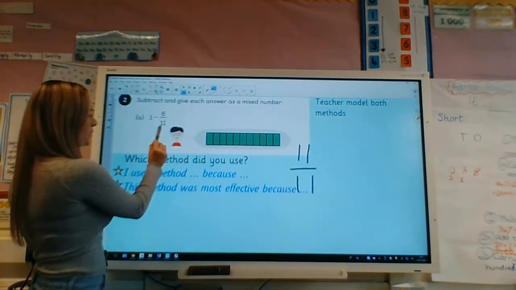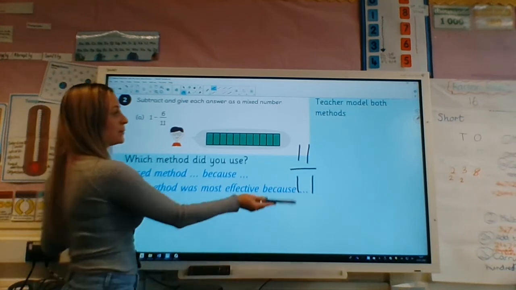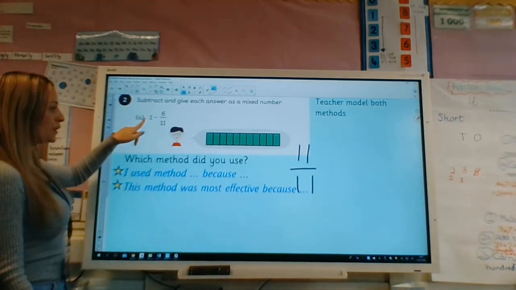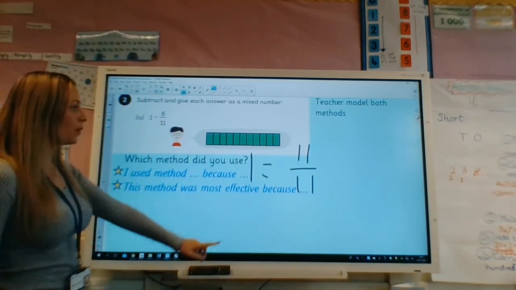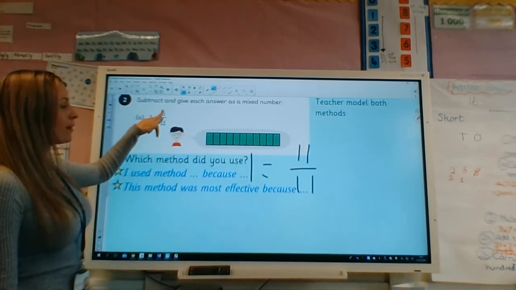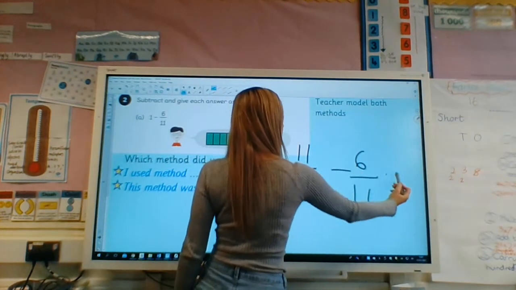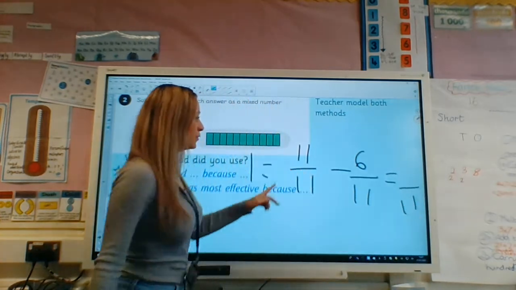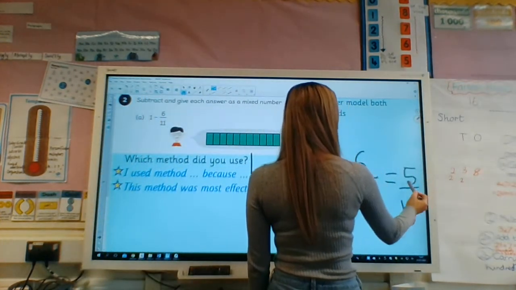So if the denominator is 11, then for it to be a whole number, you would have to be looking at 11 elevenths, which is this bar here. So we turn the 1 whole into a fraction, 11 elevenths, and then we're going to subtract 6 elevenths. The denominator stays the same, and then you just do 11 take away 6, which would be 5.